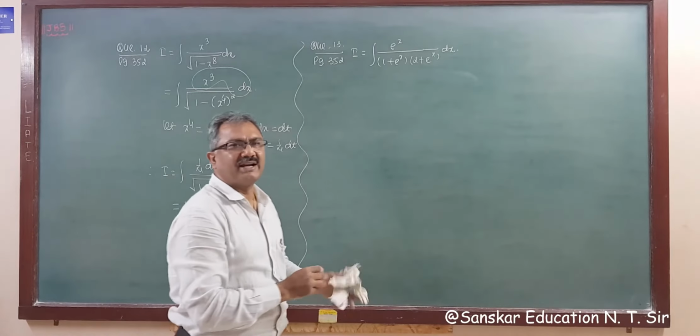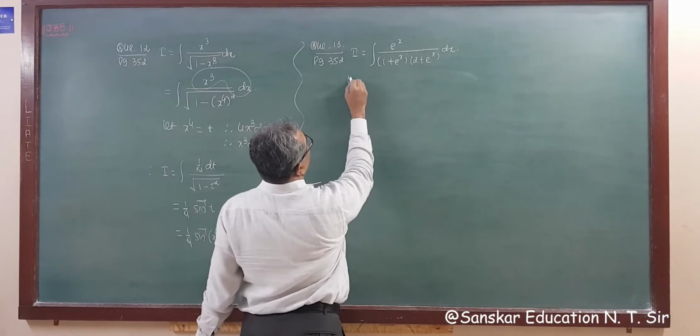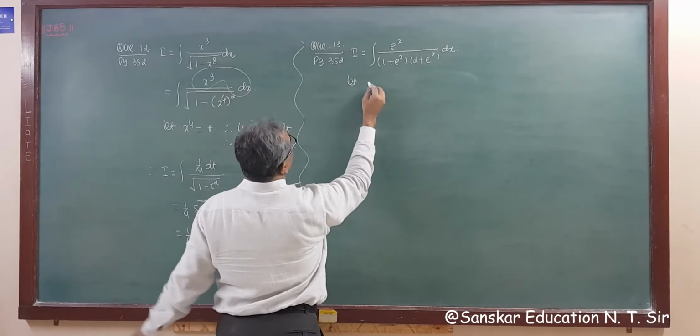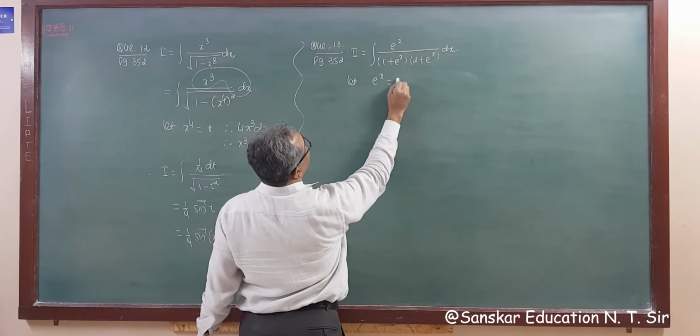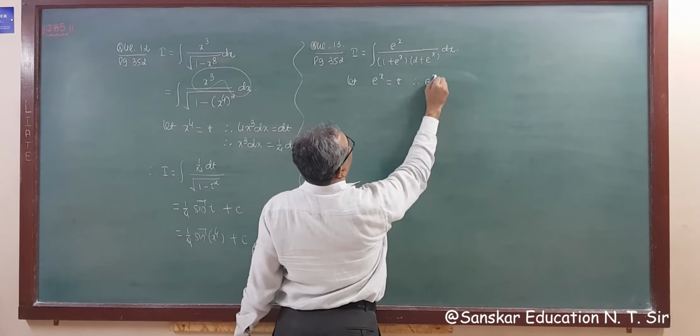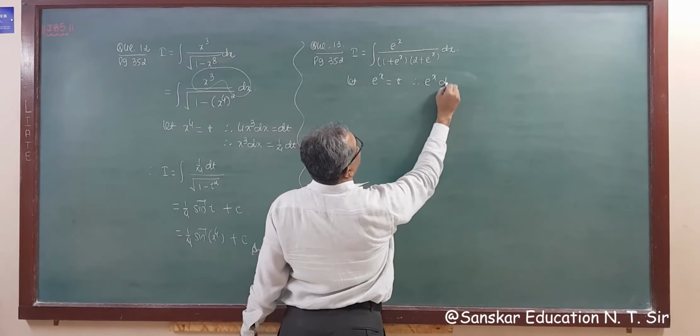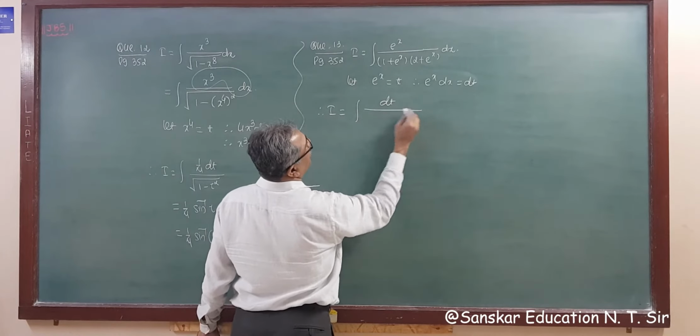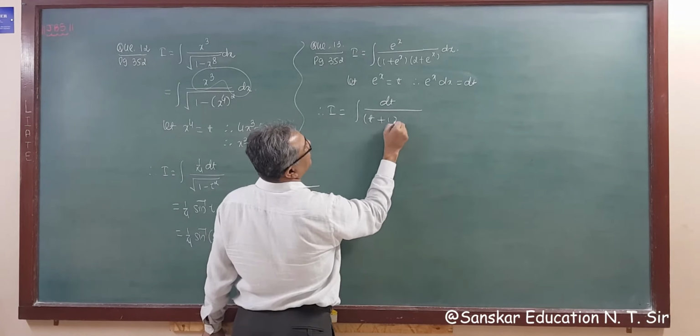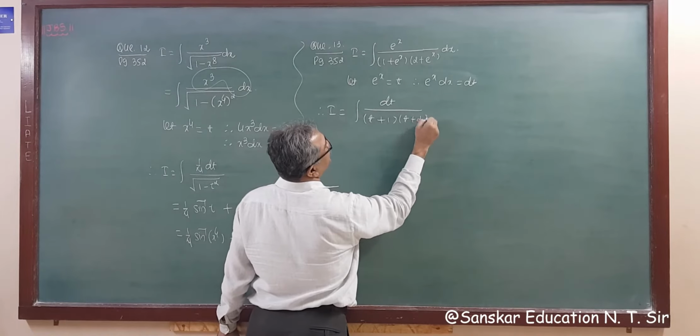We assume that e raised to x is equal to t. So let e raised to x is equal to t. The derivative of e raised to x, e raised to x dx, is dt. So what is I here? I is integration dt upon t plus 1 and t plus 2, right?